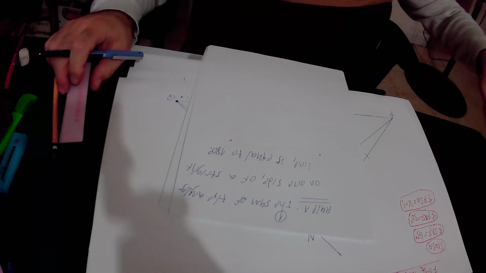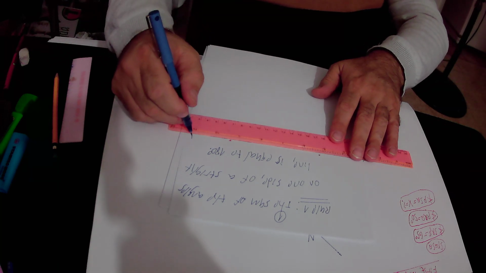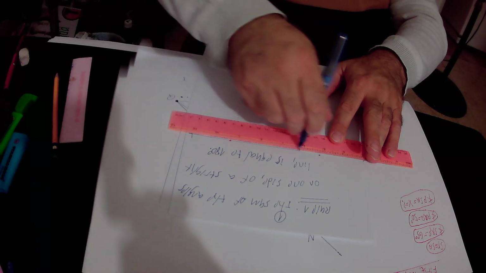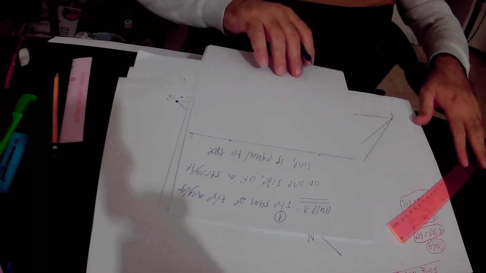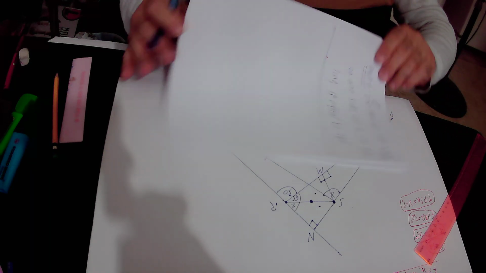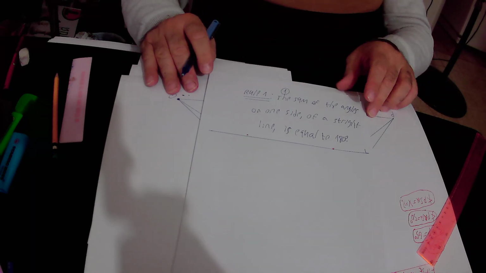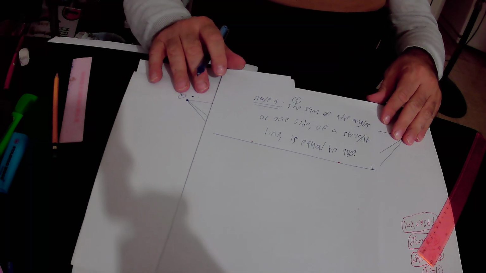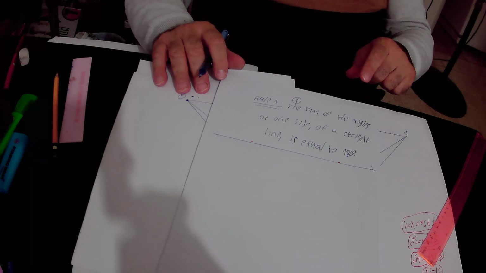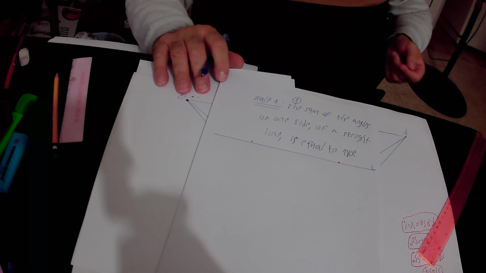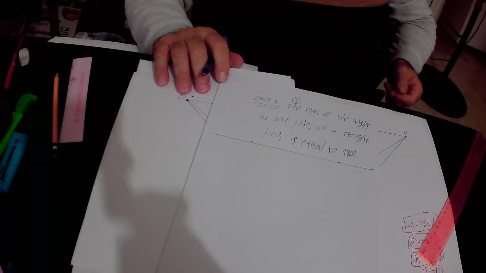So I will read rule number 1 again. Rule number 1 states that the sum of the angles on one side of a straight line is equal to 180 degrees.